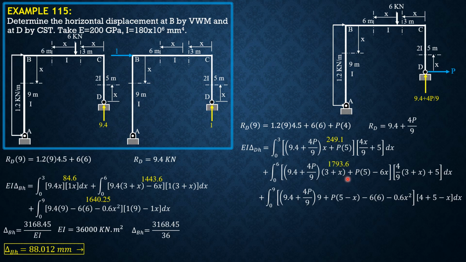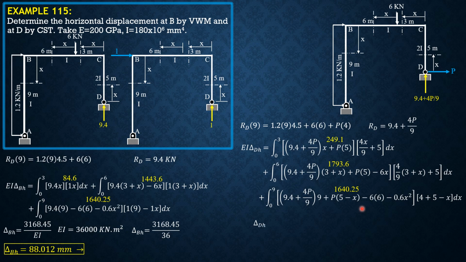So that's 1793.6. And lastly, integral 0 to 9 of 9.4 times 9, because this is set to 0, minus 36 minus 0.6x squared, then times 9 minus x.